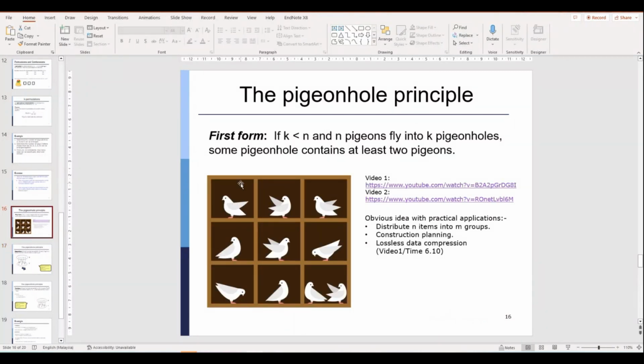Imagine if you're a pigeon, would you go to any hole with another pigeon already? Definitely you won't. You fill up the holes without pigeons first, until all the holes are taken up. Then if you are the late pigeon, you have no choice. You have to choose one of the holes that already has a pigeon.